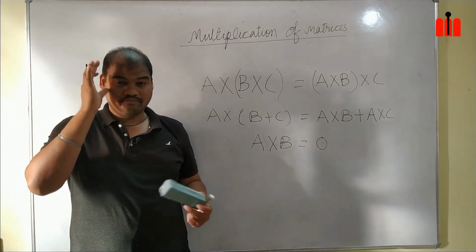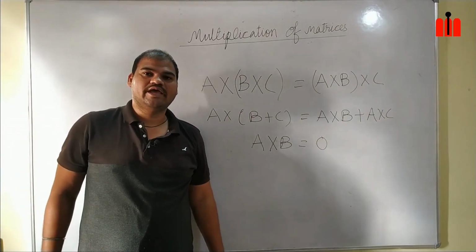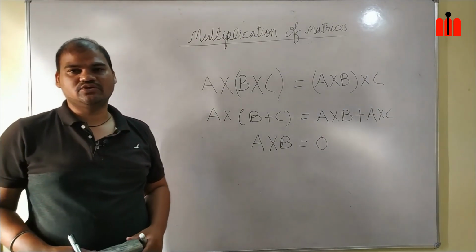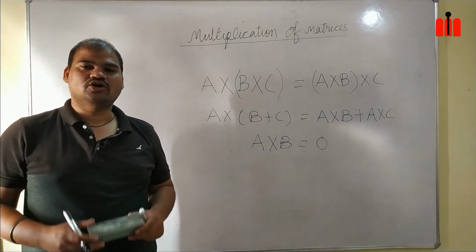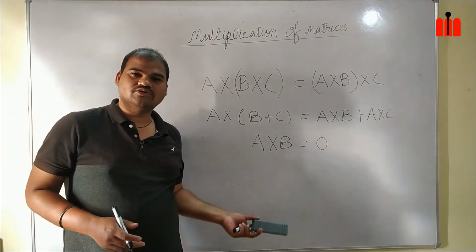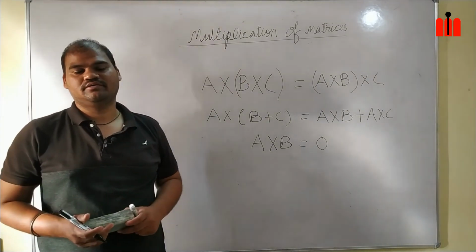But this doesn't work with matrices. If the multiplication of two matrices is 0, it is not a confirmation that either A is 0 or B is 0. It may be, it may not be. Because once we multiply two matrices, it depends on addition also.